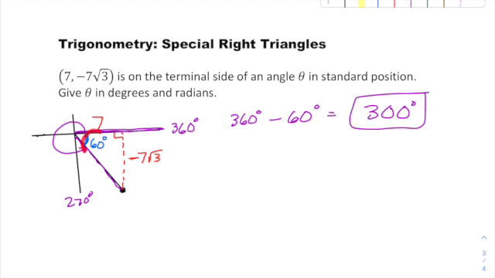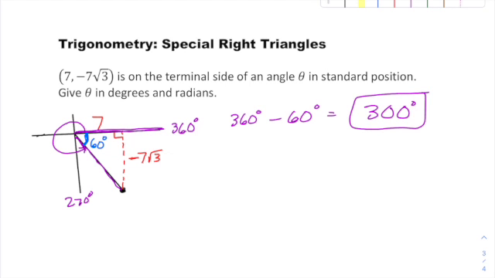So that's why this reference angle is so important. When you're in quadrant 3, like in the last problem, you're going to add it on to 180. If you're in quadrant 4, you're basically subtracting from 360, getting 300. If you were in quadrant 2, you would subtract that amount from 180, because you're always trying to see how far away from the nearest x-axis you are. That's really what's going on.